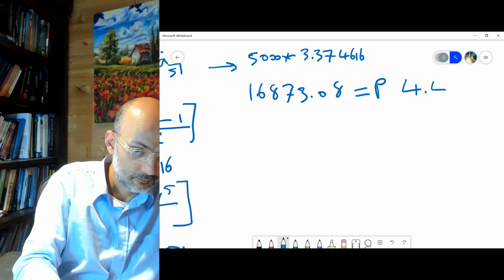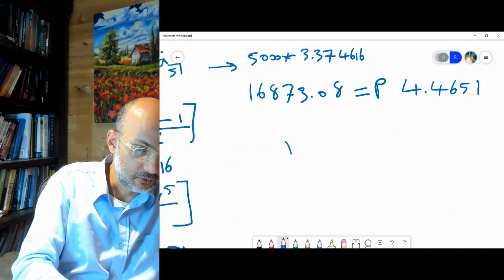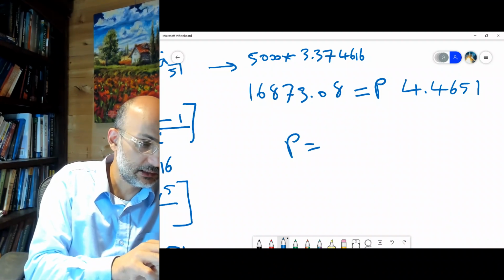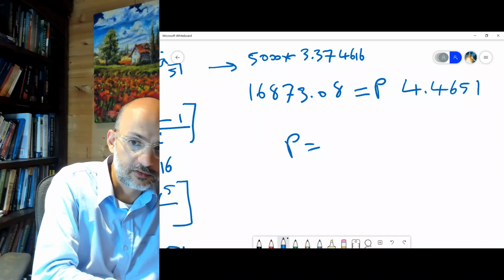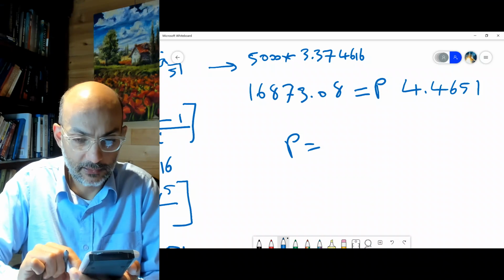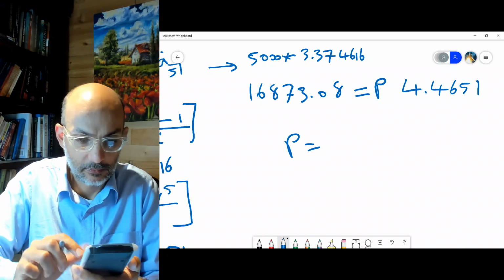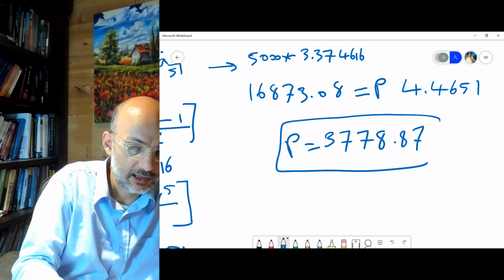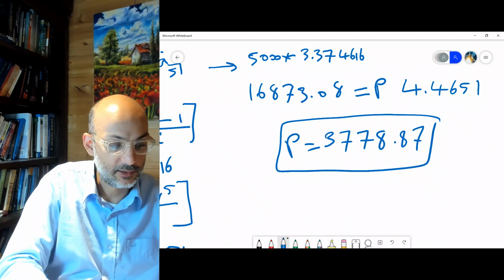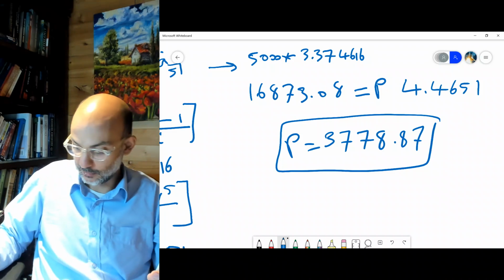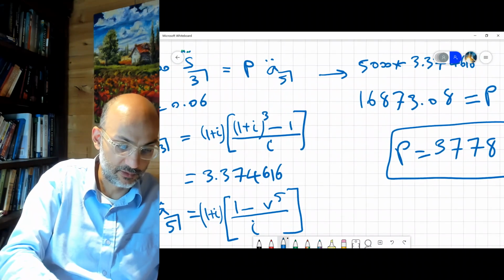So P is this divided by this. I got 3,778.87. This is the amount of payment that will equate it. Always use your calculator, and try to keep all numbers in the calculator so we can always verify.